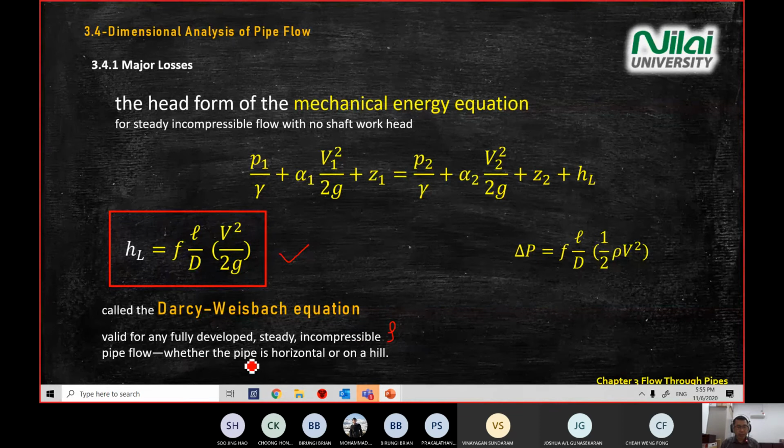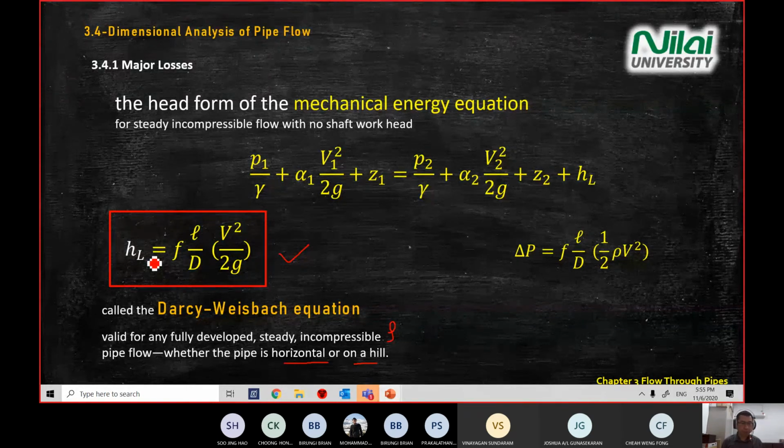And it doesn't care whether the pipe is horizontal, uphill, or downhill. So it's a general equation that you can use to calculate the head loss inside the pipe. Head loss is like the height of water that it can go, or the height a pump can lift, and so on.